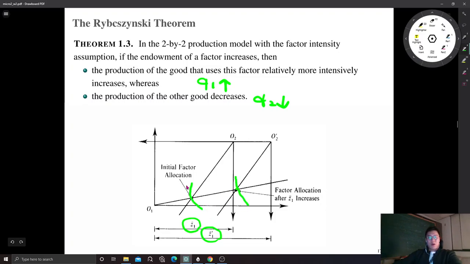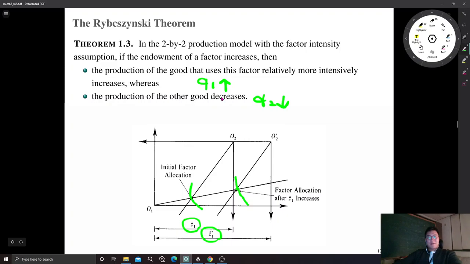So the isoquant passing through the previous allocation is way below the isoquant passing through the new factor allocation. So Q1 increases. It's not that surprising at all, because production of good one is more intensive in factor 1. Now there is more factor 1. So it's a nice opportunity to expand the business, right?